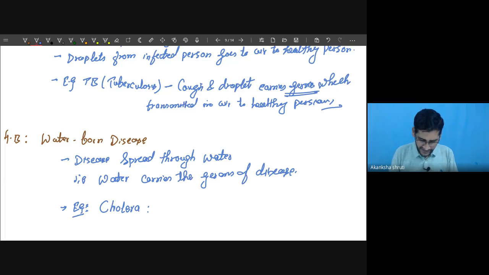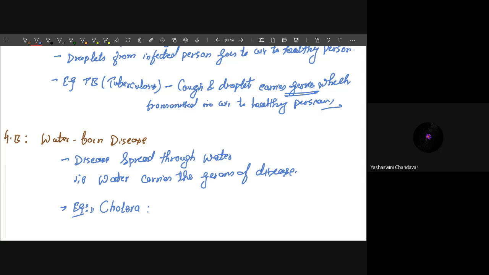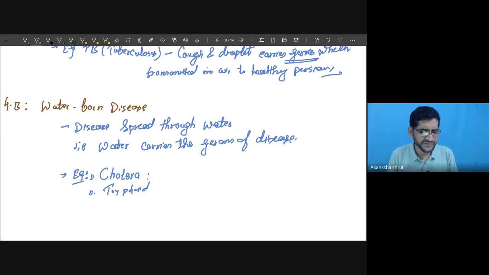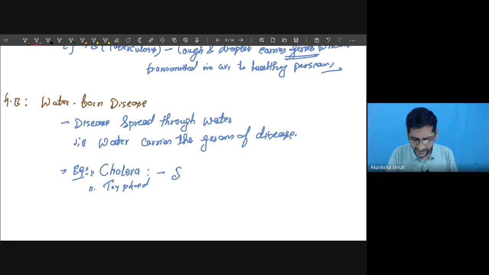Typhoid. Yes, the typhoid. Good. Anthrax. Very good. So many more are there. So what is happening in this case? The water or sewage water which carry the disease carrying germs get mixed with which one?